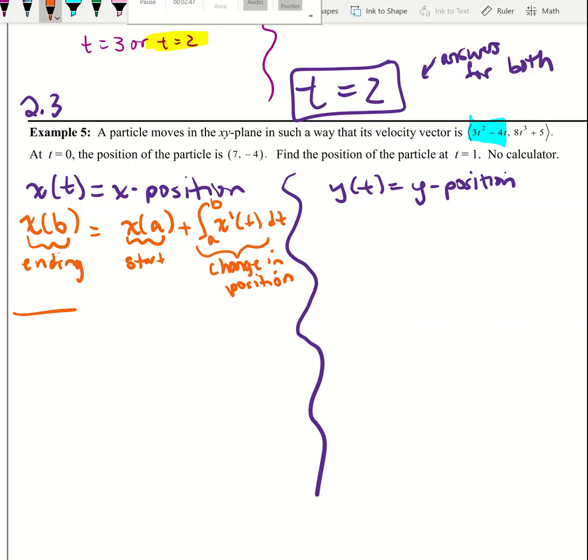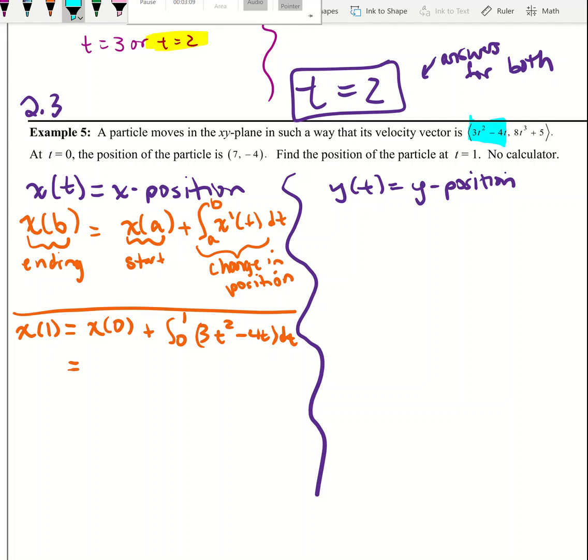So in this instance, if I want to find the x coordinate specifically at 1, and I know the x coordinate at 0, I can do the definite integral from 0 to 1 of the velocity component for x, which is 3t squared minus 4t dt. So the position at 1, I could take the starting position at 0, and I'm just looking specifically at x, so this is 7.